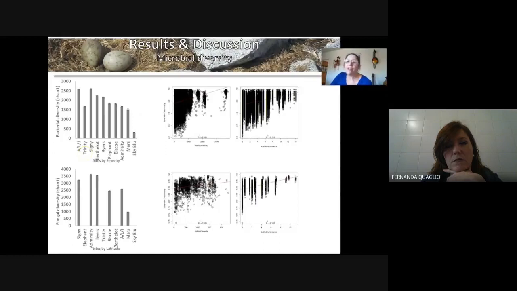Thinking about beta diversity of both bacteria and fungi, total beta diversity, so Sorensen dissimilarity, significantly increased with distance along both the habitat severity gradient and latitudinal distance. So in other words, bacterial communities are increasingly distinct from each other as the physical distance among the sites increases and their difference in habitat severity increases.